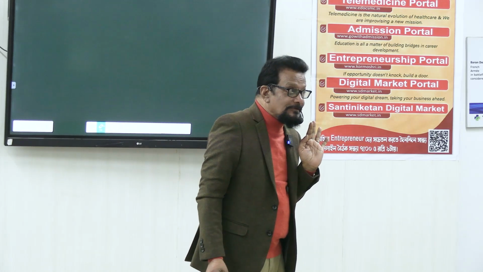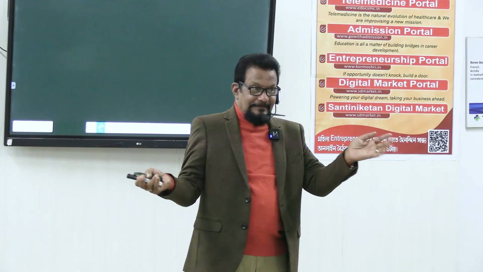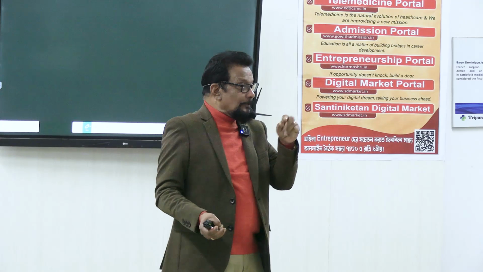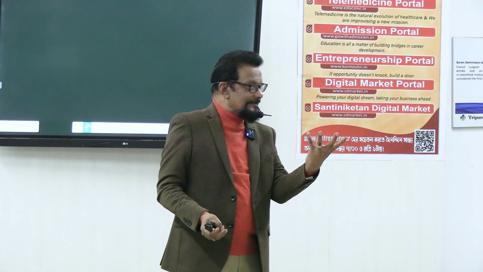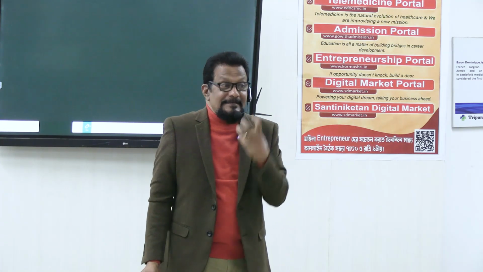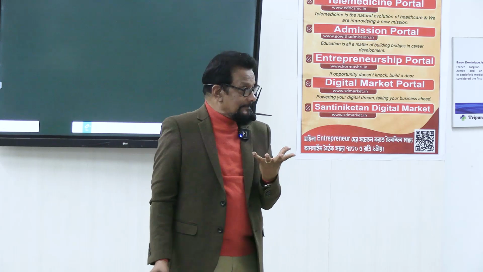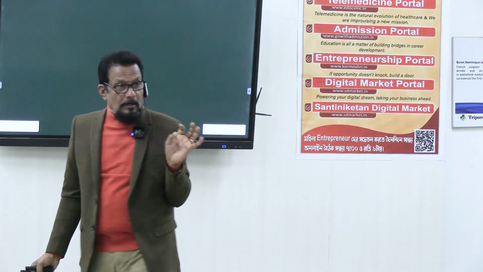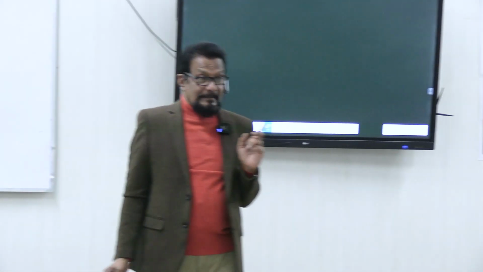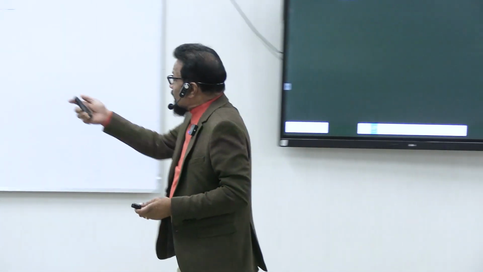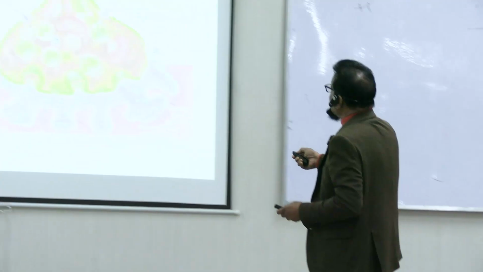After branching, the end of the branch will become bulbous and take a structure like a button. That's why we call it a synaptic button or synaptic knob. It will take the shape of a knob. So this is one of the synaptic buttons.